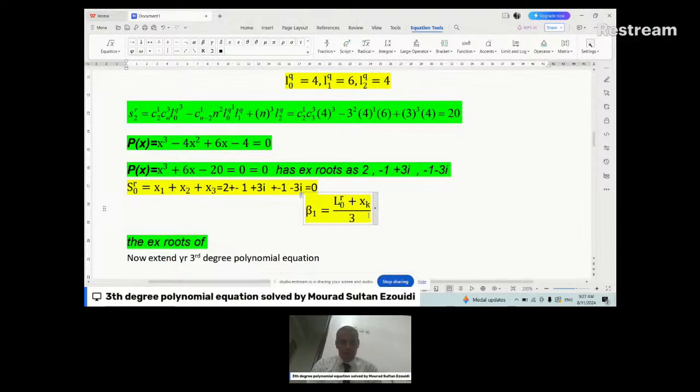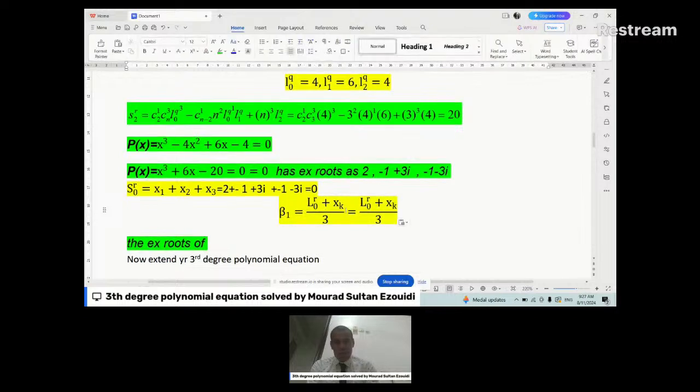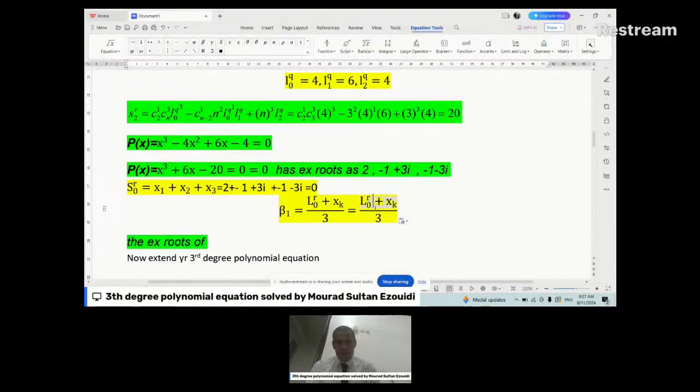Okay, let's see, learners, here. This one for beta 1 has to be equal to what? I will make this one as that. Equal to 4, learners. I will make here 4 plus x1.